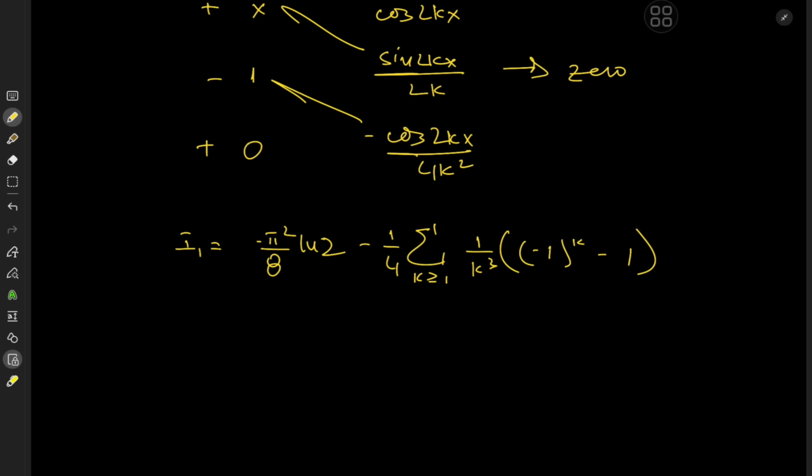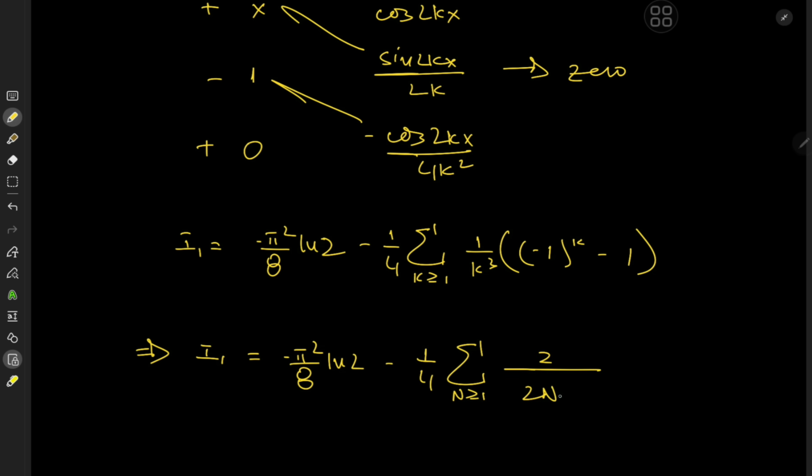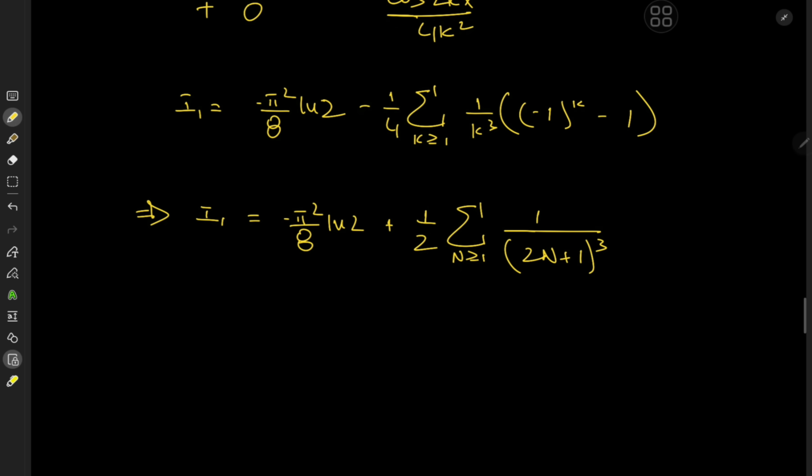So the only surviving terms would be k equal to 2n plus 1. So this implies that I sub 1 equals negative pi squared over 8 times log 2 minus 1/4 times the sum over n of 2 over (2n plus 1) cubed. Rather, wait, it's negative 2. So there's some lovely cancellation taking place, and we're left with a factor of 1/2 outside.